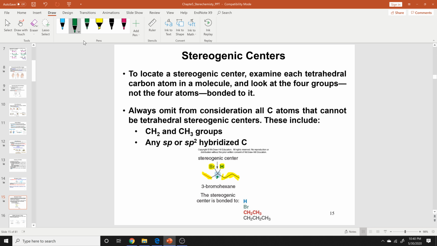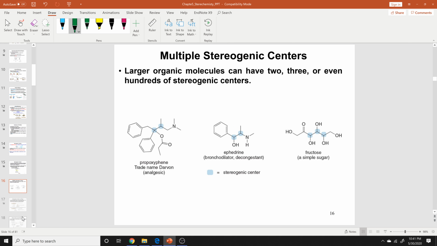If we have any sp2 hybridized carbon, these are out of the picture. They are not stereogenic centers. They are not chiral centers. So we're going to limit our explanation in this chapter to chiral centers that are sp3 hybridization, and they are surrounded by 4 different groups.